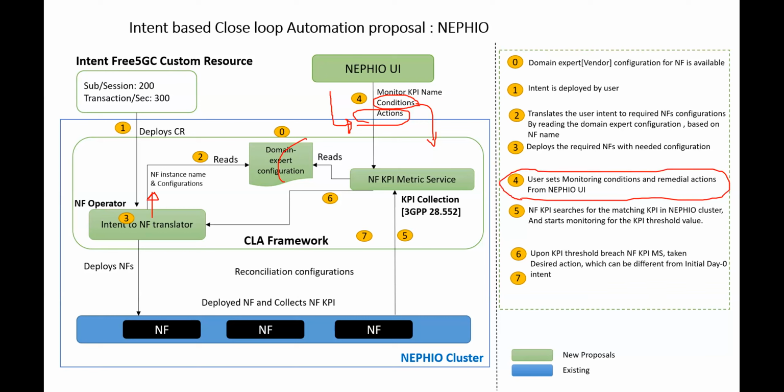He doesn't want the Nephio system to expose how to do, sorry, condition, action, what metric to collect. He wants only what to do to be exposed by Nephio. What to do, right? Not how to do. Whereas here in 4, we are telling how to do: which KPI to collect, which condition, which action.